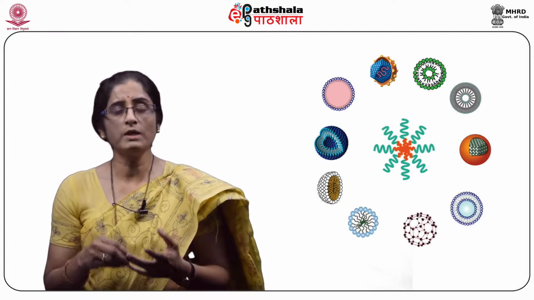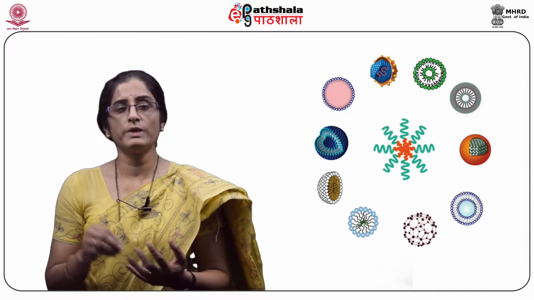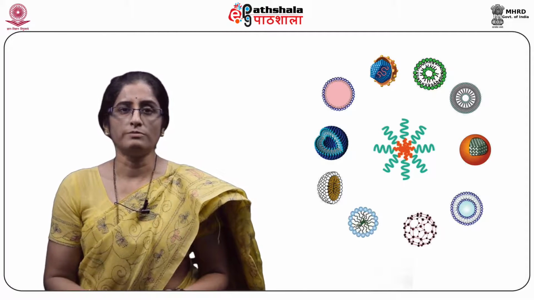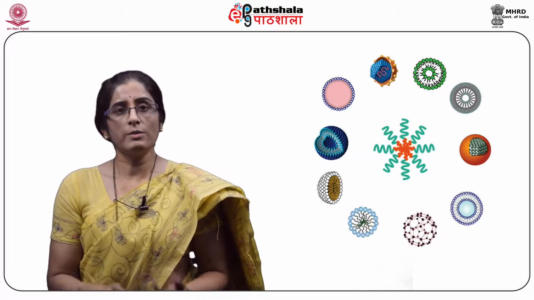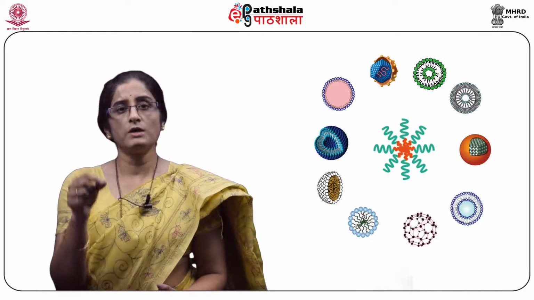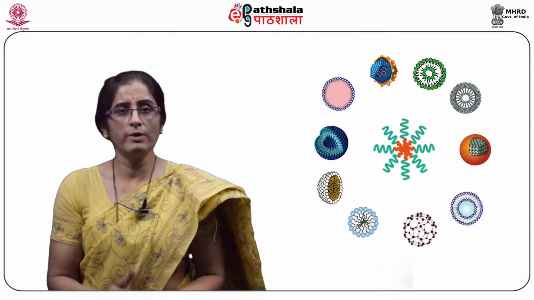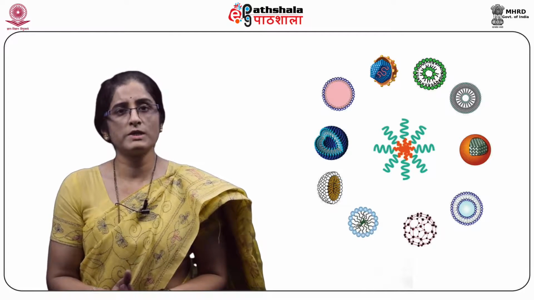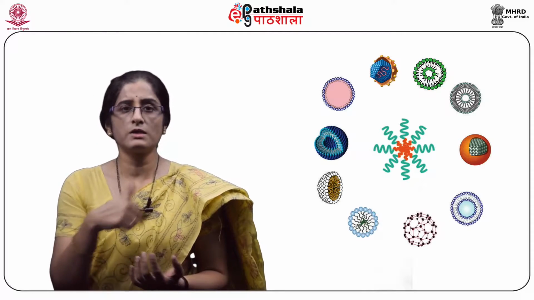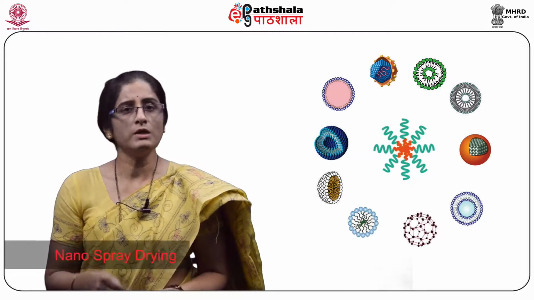The third parameter is the temperature, which can also affect the process because we have to maintain the temperature properly. Another important parameter in this nano spray is the type of atomizer. Various types of atomizers are available in nano spray dryer. Basically, the disc type of atomizer is mostly used in nano spray drying.